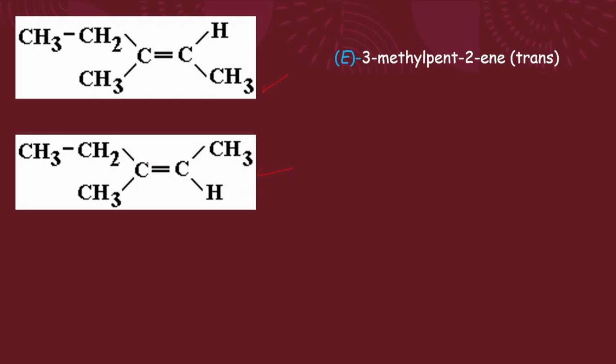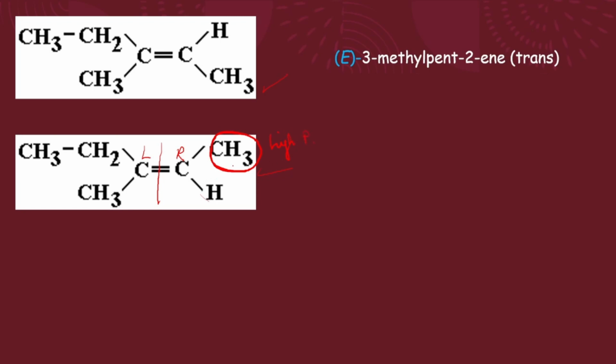Let's find out how it is a cis isomer. So we will apply the rules, the first of which is to cut the double bond like this into two parts. This is the right carbon and this is the left carbon. On the right carbon we have two different groups. The methyl group is the one with the high priority, meaning the higher molecular weight than the hydrogen.